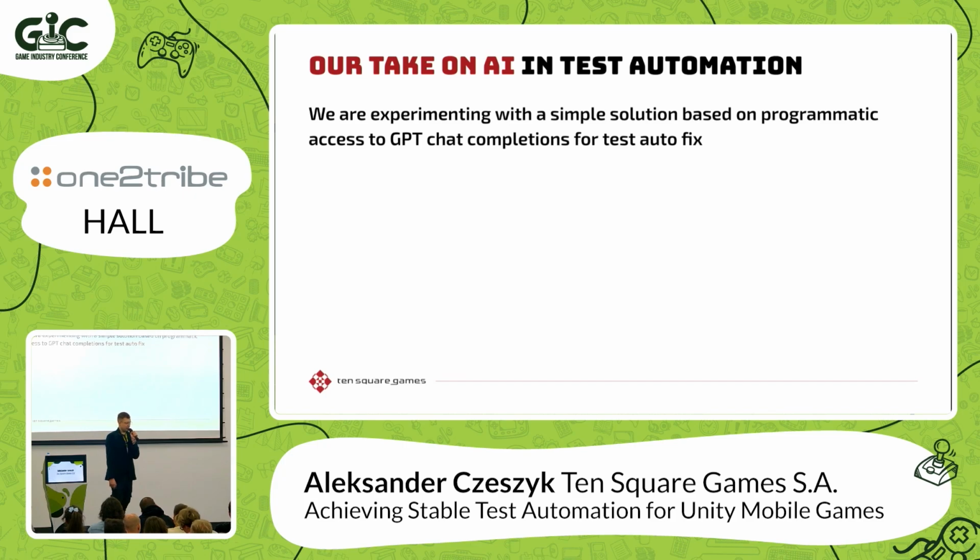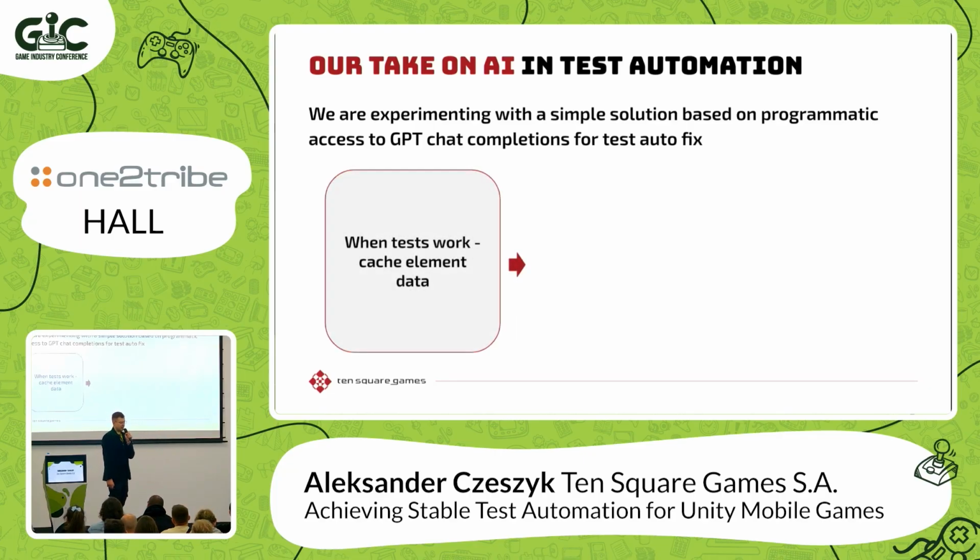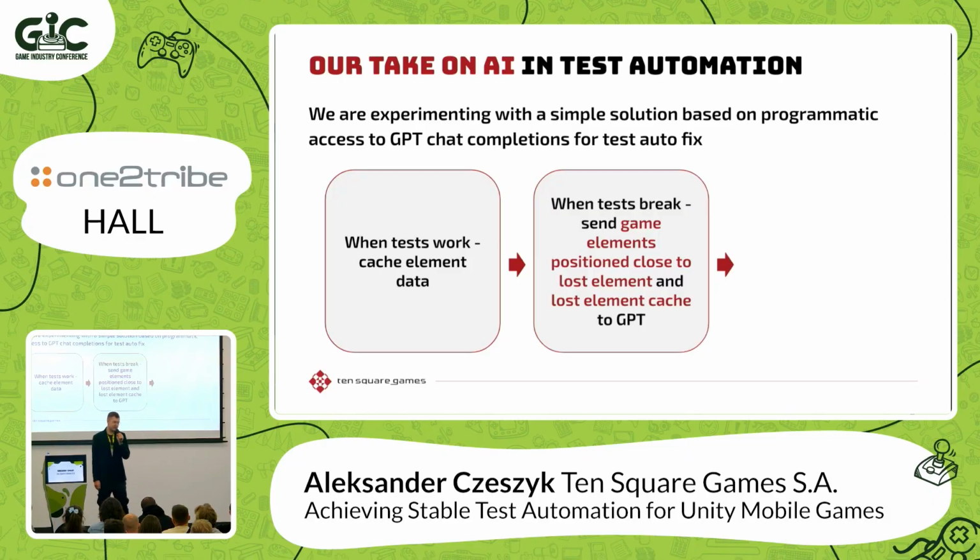All right, our take on AI. We are experimenting with a very simple solution right now. I have come up with this idea that when our tests are passing, we are saving cache of the found elements to JSON files.